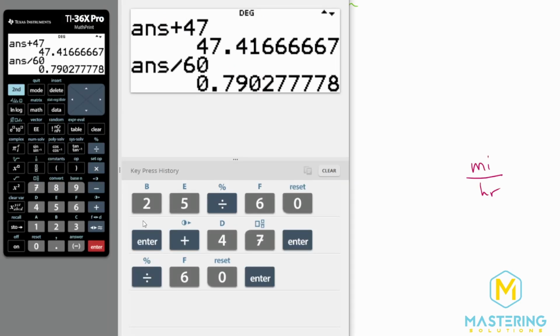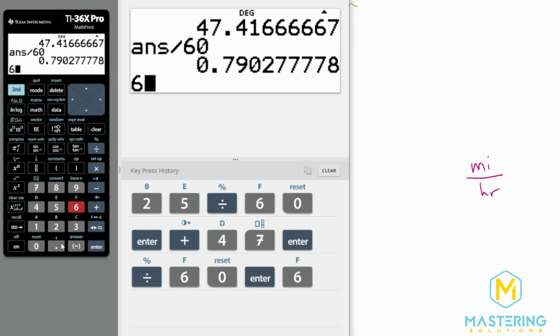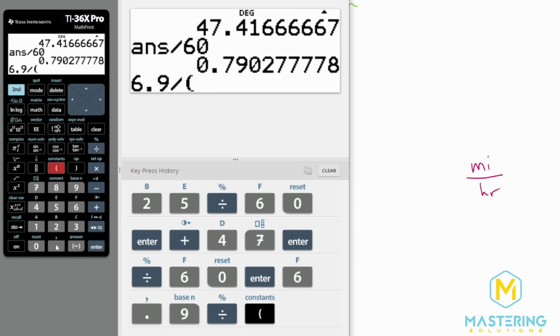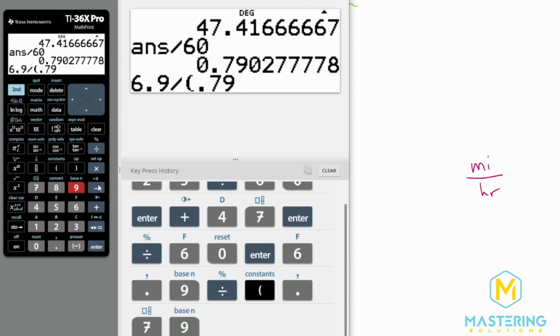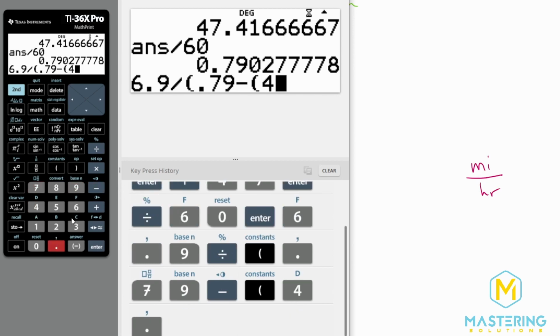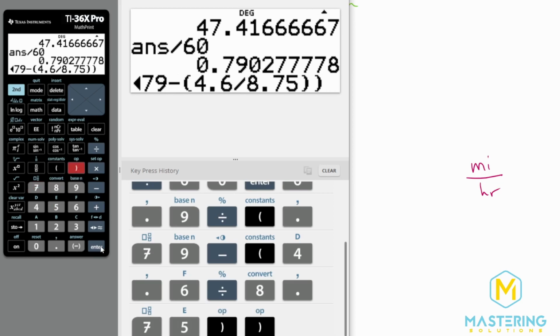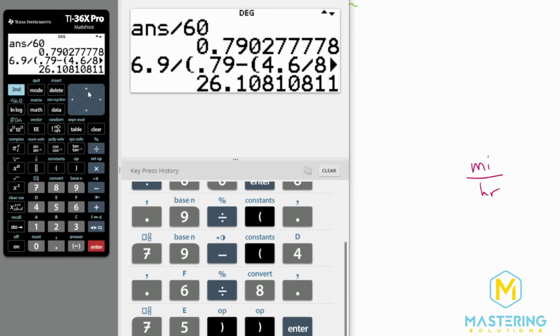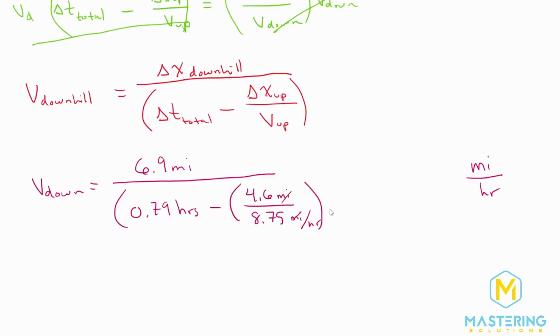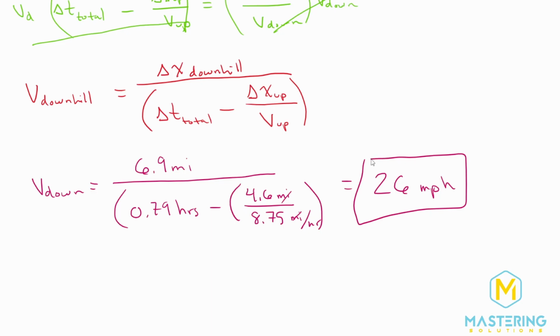And so now as we put this into our calculator, we have 6.9 divided by 0.79 minus 4.6 divided by 8.75, and that gives us 26.108. So we'll round that to 26 miles per hour for the final answer for the velocity for the downhill section.